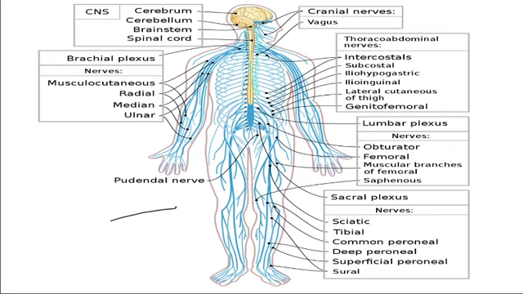Okay, so they give you different kinds of plexus, all different kinds of plexus. With this one, we have cerebrum, cerebellum, brainstem, and spinal cord. That is part of what we call the central nervous system, CNS. We have the cranial nerve, that is vagus, that emanates from the brainstem to the cranial region. This is where biology words are complicated by joining many words together.